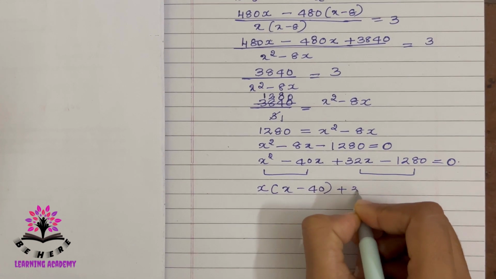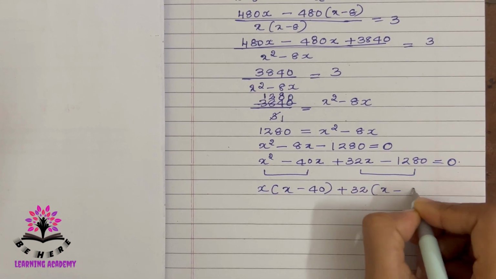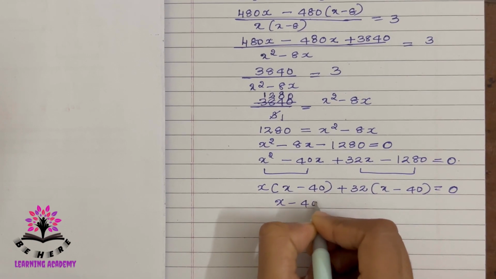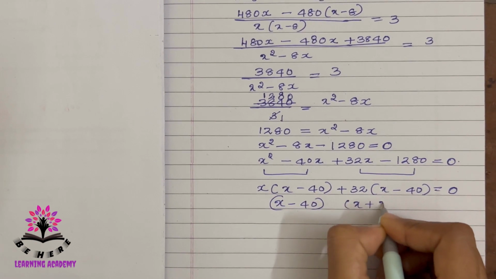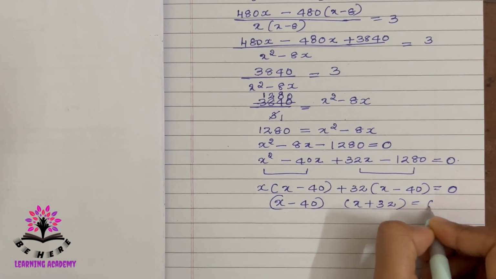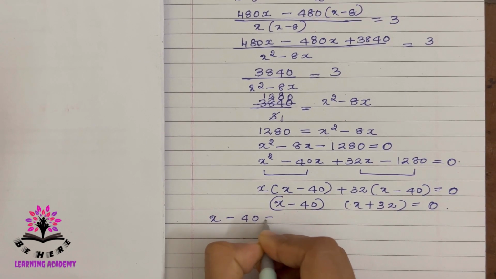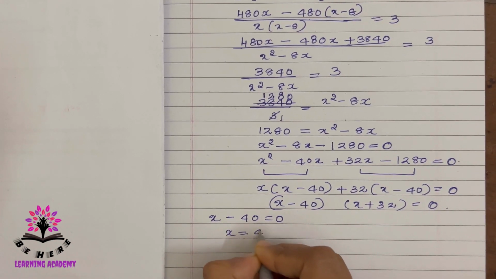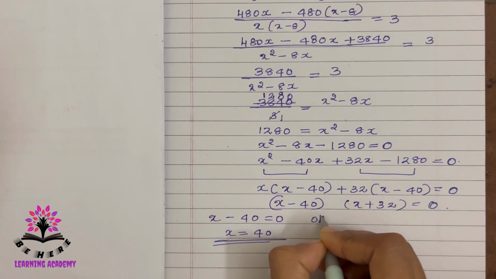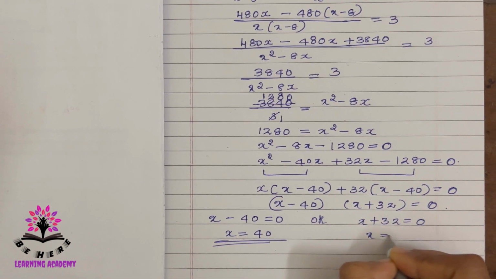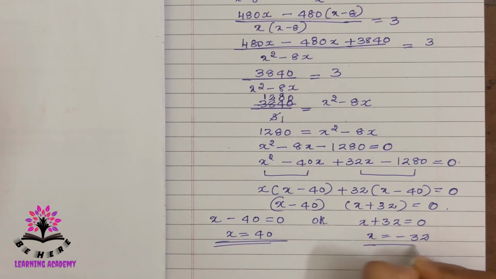Plus 32 is common, x minus 40 will be equal to 0. So the answer will be x minus 40 and x plus 32 will be equal to 0. First one, we'll solve it here. x minus 40 is equal to 0, so x is equal to 40, or x plus 32 is equal to 0, x is equal to minus 32.